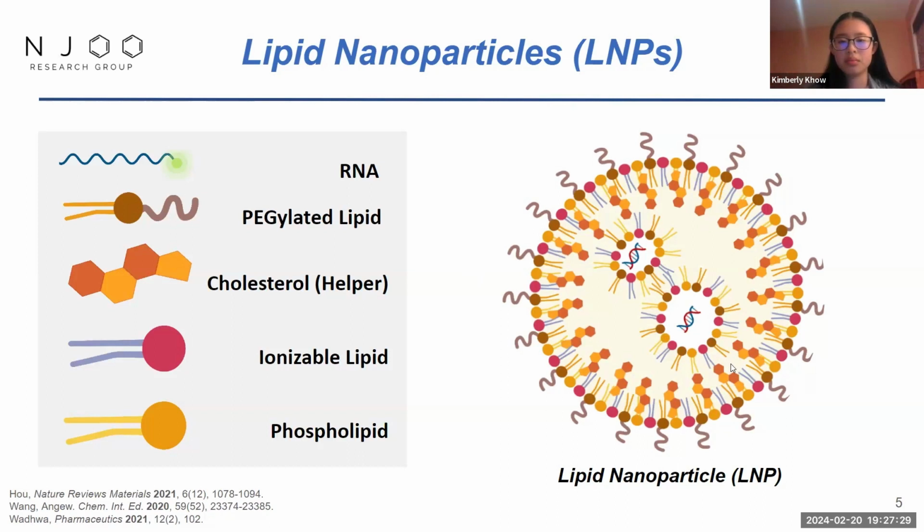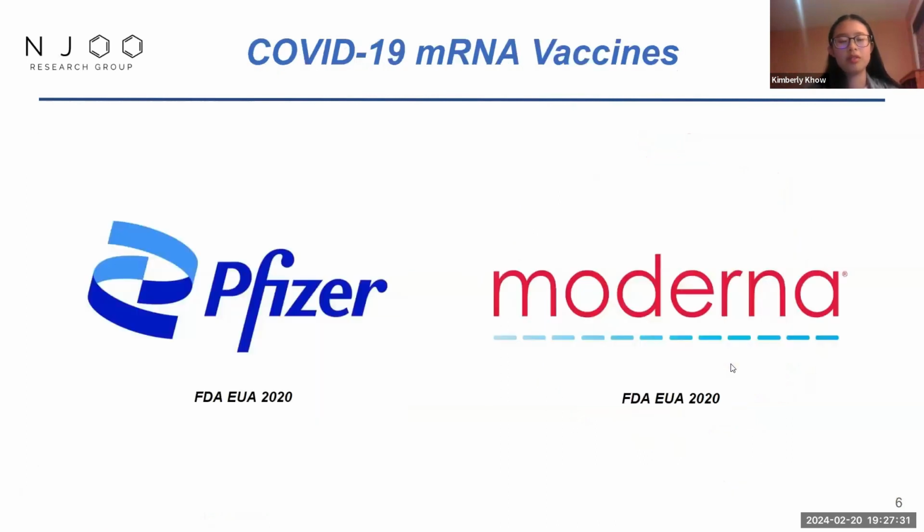Okay, so I briefly mentioned a few examples of applications for LNPs, but you all are probably most familiar with mRNA vaccines, especially because of the recent events with the COVID-19 pandemic. Now, the first two mRNA vaccines that were developed for COVID-19 were developed by Pfizer and Moderna and were emergency use authorized in 2020 by the FDA.